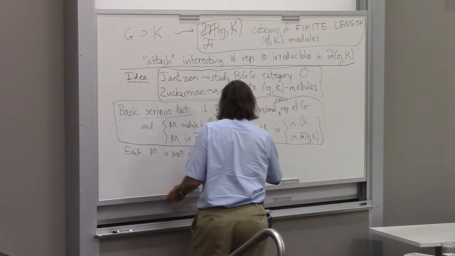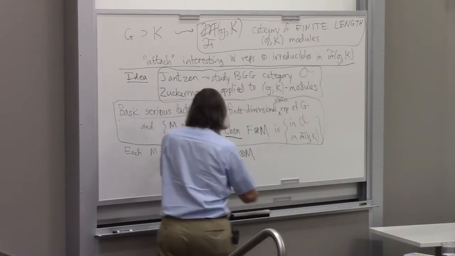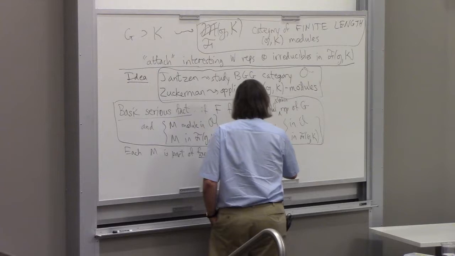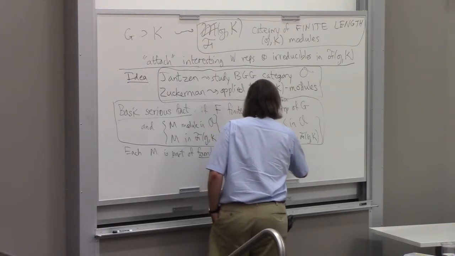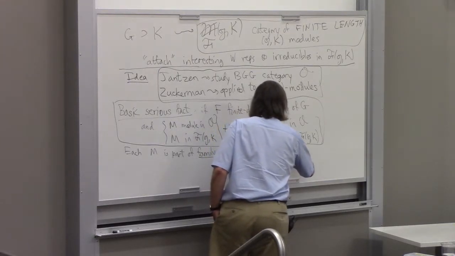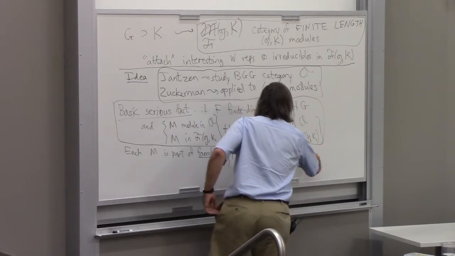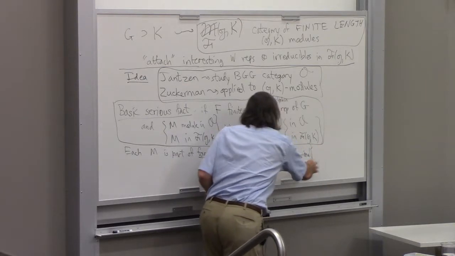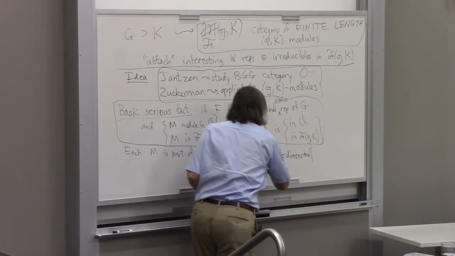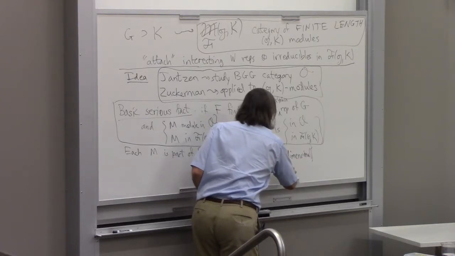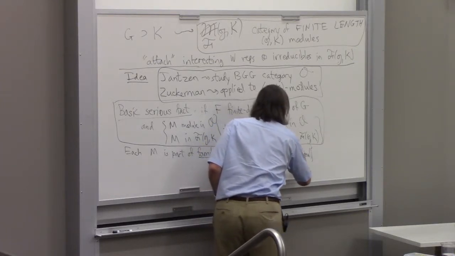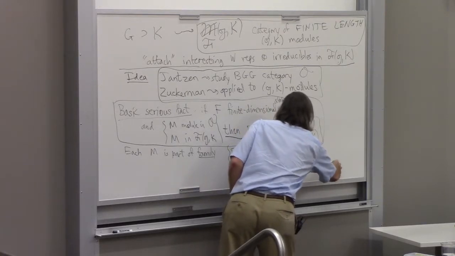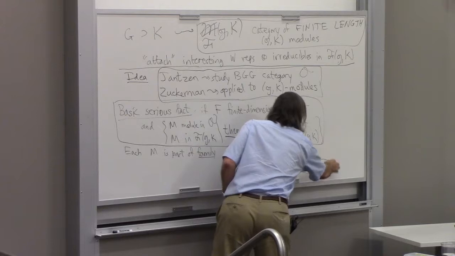Well, these various F tensor M's, as F can be any finite dimensional representation, are parameterized by dominant weights in X upper star.